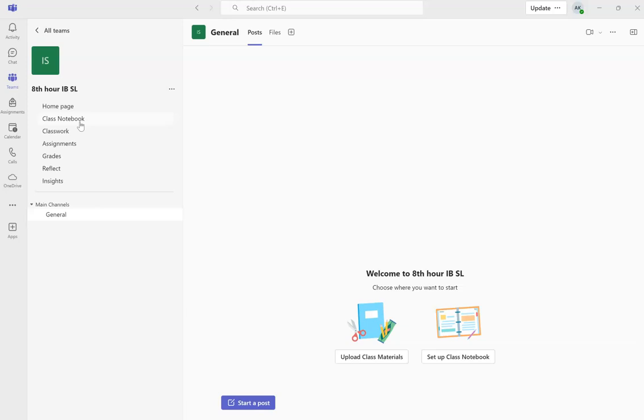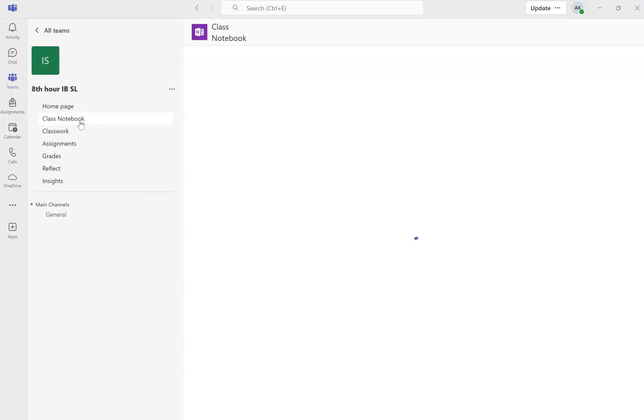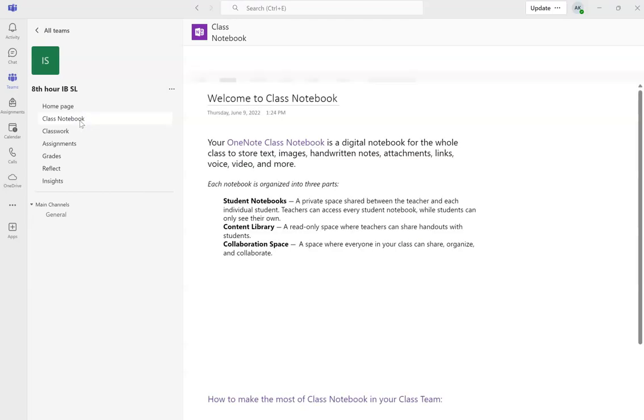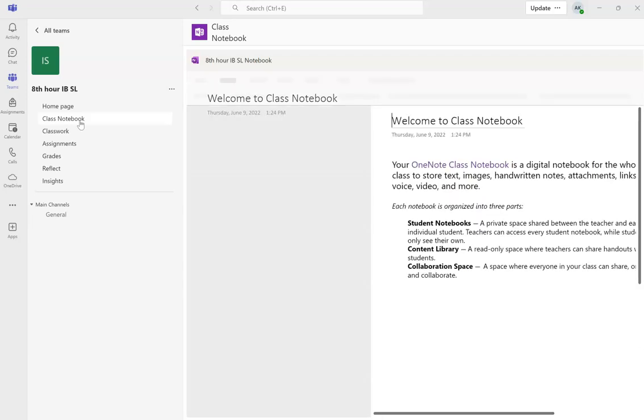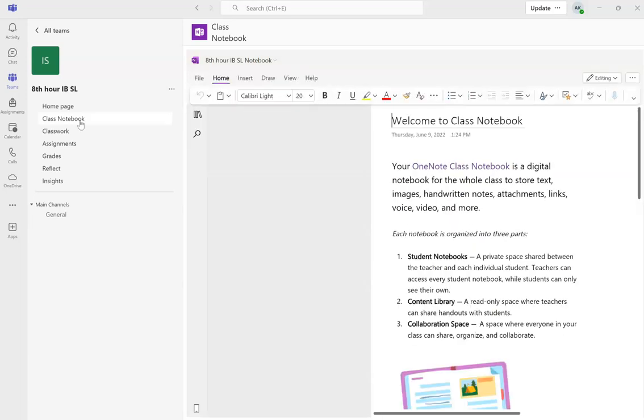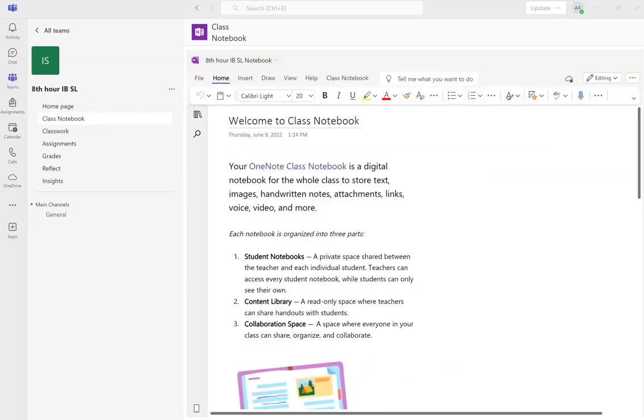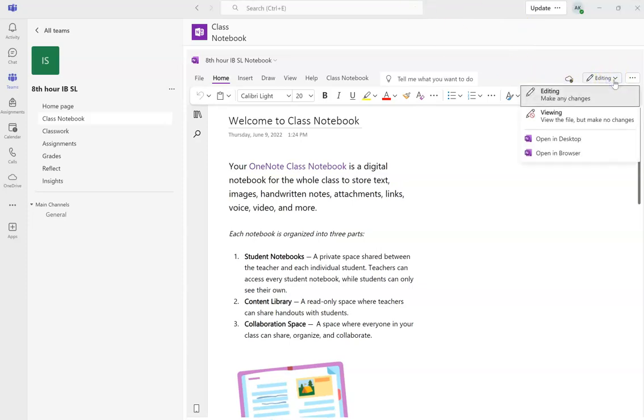Okay, great. When it opens up the new panel, click on Class Notebook. So take a minute and it'll load in a OneNote notebook for you here. And then from the editing drop down, you're going to pick Open in Desktop.